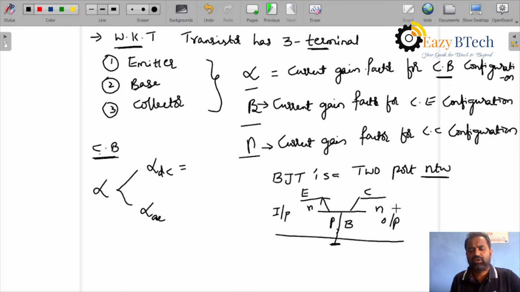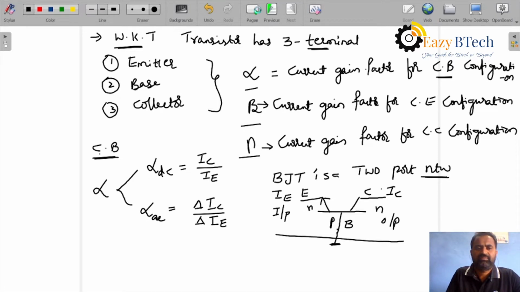For common base, the base is grounded. Then we can write: the output terminal is the collector, and the input current is IE, the emitter current. Now alpha DC is output current by input current, so alpha DC is IC by IE. Similarly, alpha AC is change in IC by change in IE. This is as the base is made common.